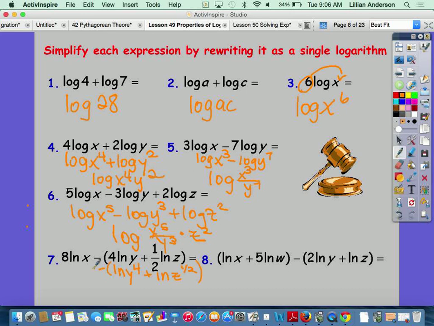What about out here? ln x to the 8th. You actually want to bring them together. Order of operations, deal with the parentheses first. Get that as one natural log. So ln y to the 4th z to the 1/2.